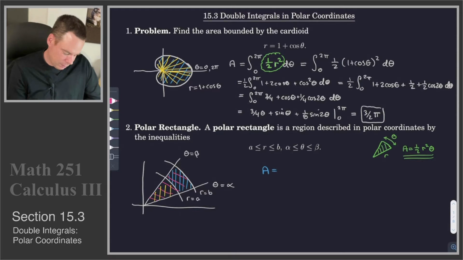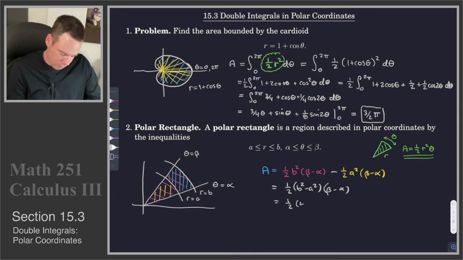The area of the big slice is 1/2 the radius of the big slice squared times the angle, and the angle is just beta minus alpha. Take away the area of the small slice, which is 1/2 a squared, beta minus alpha. So a little bit of simplification, we get 1/2 (b squared minus a squared)(beta minus alpha). We can factor that difference of squares.